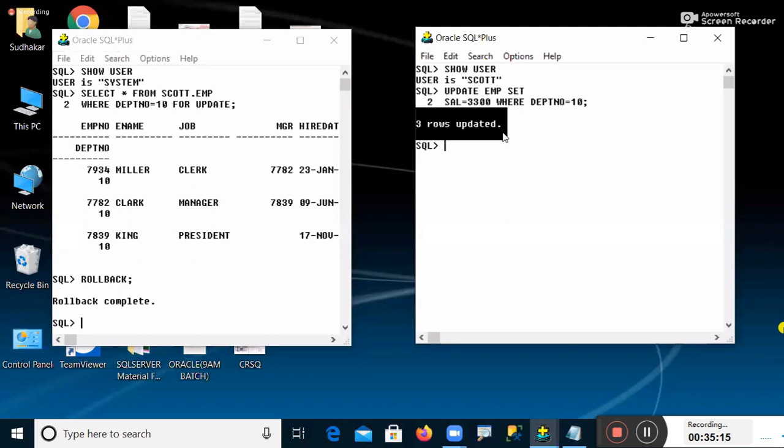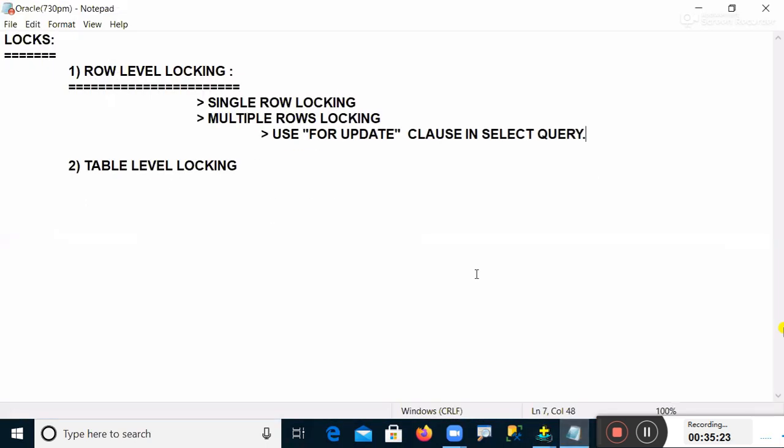Okay, now this is one situation. Another situation in row level locking is called a deadlock. Sometimes a deadlock situation occurs. What does a deadlock situation mean?